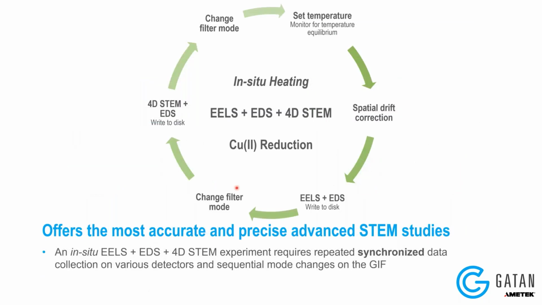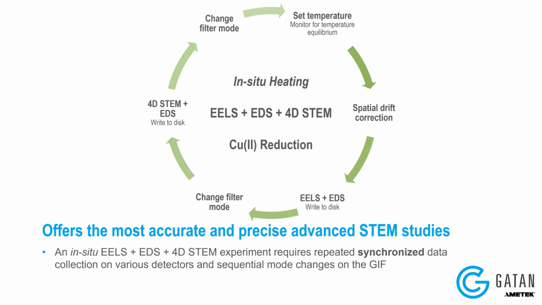Here is another applications example. This is a multimodal, multidimensional in situ spectrum image data acquisition, which requires repeated synchronization between different detectors and sequential mode changes on the GIF. It combines EELS, EDS, and 4D-STEM, collecting data as you're stimulating the sample.